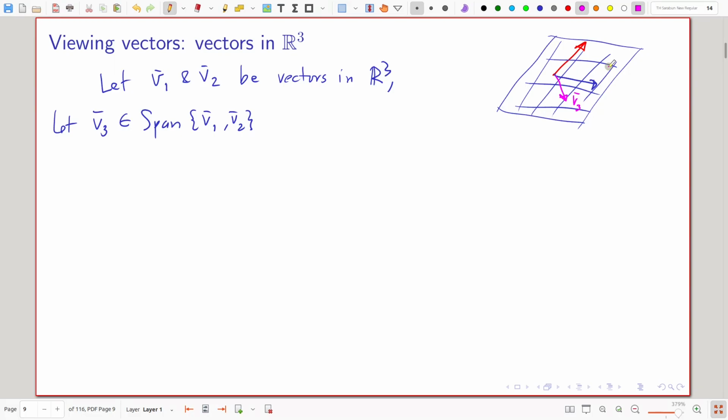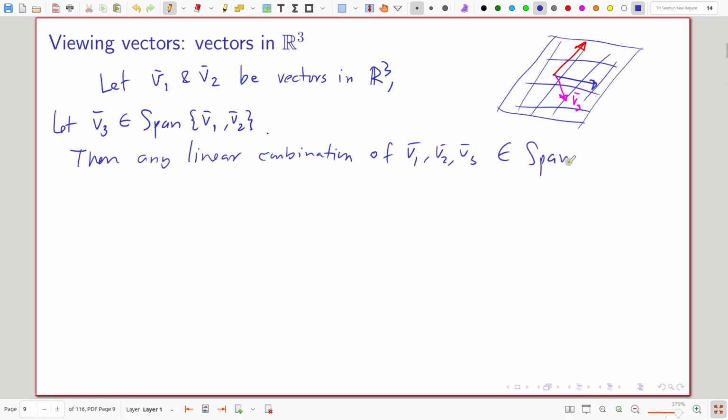Okay. So the statement that I want to prove is this. Then any linear combination of v1, v2, and v3 will be in the span of v1 and v2.